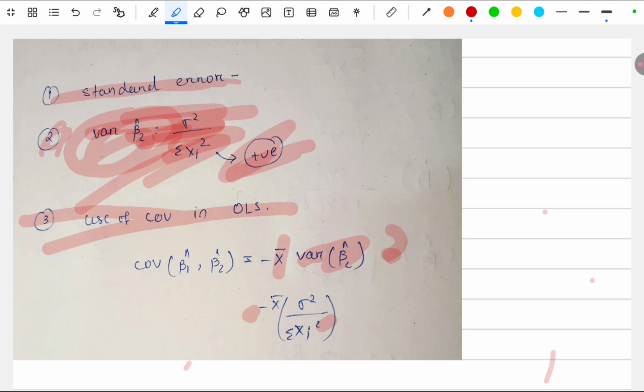If x bar is negative, the covariance becomes positive. It means that if the slope coefficient beta 2 is overestimated, that is the slope is too steep, then the intercept should be small to compensate. So beta 1 should be underestimated, that is the intercept will be too small.